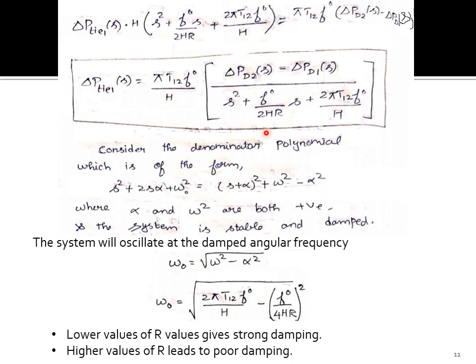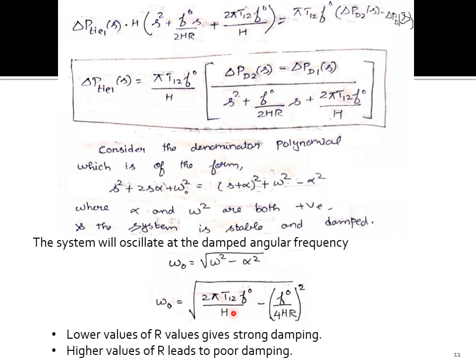The system may oscillate at angular frequency omega d equal to square root of omega naught square minus alpha square, and the system damping strongly depends upon the alpha parameter.